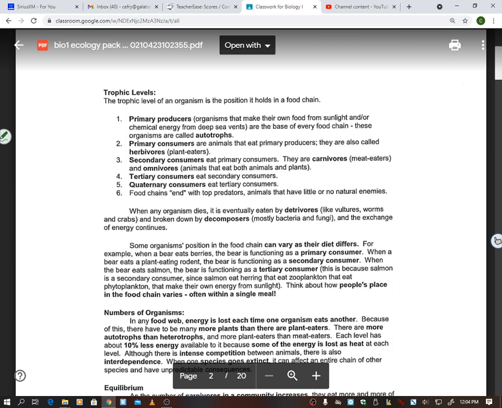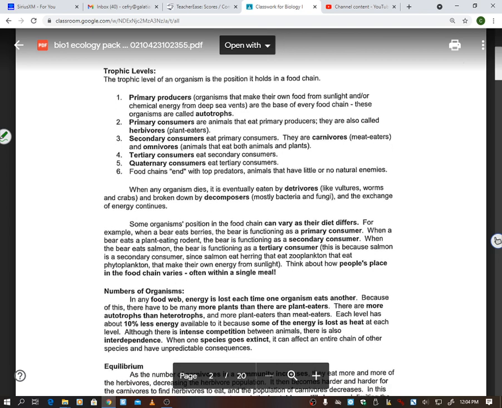Here it talks about the primary consumers. They're also called herbivores, or your plant eaters. Secondary consumers eat primary consumers. They're carnivores because they're eating other animals, but it could also be something that eats plants, so you could get an omnivore in there. Tertiary consumers then are eating secondary, quaternary eating tertiary.